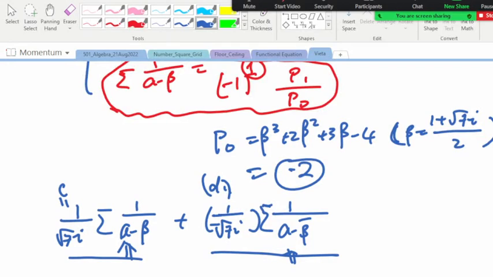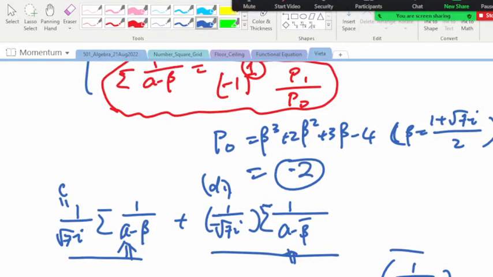Okay, so here we have the sigma of 1/7i over A minus beta, right? Plus this one is 1/-7i over A minus beta conjugate. Can I write this part into sigma of the conjugate of 1/7i over A minus beta?